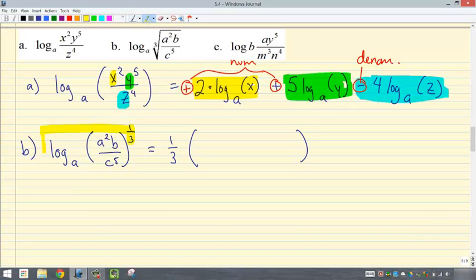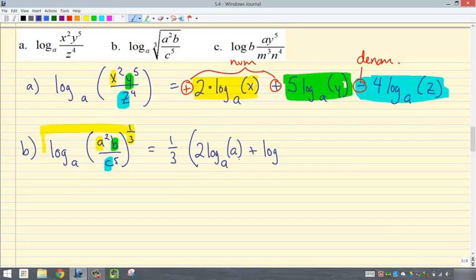So again, we've got three variables here. We've got an A, a B, and a C. And we're going to handle them one at a time. So when we simplify the A using the product rule, it'll be 2 log base A of A. And then move on to the B. Since the B is in the numerator, we're going to put a plus.